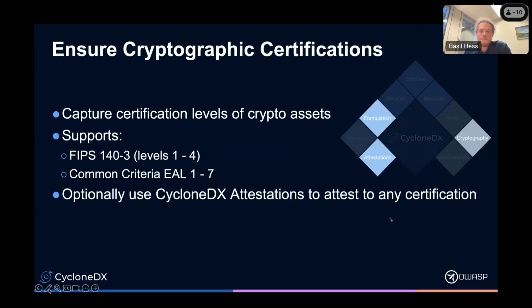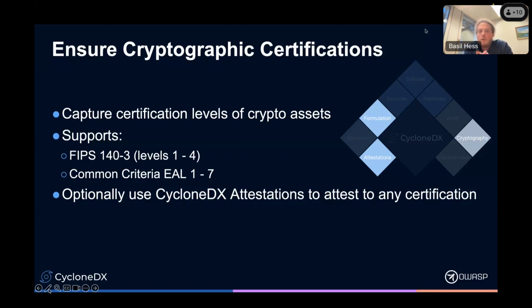And then last here is about cryptographic certifications. Cryptography can be implemented in software, but it can also be implemented in hardware, and adhere to or be certified to a certain standard. For example, there is FIPS 140-3, which comes in levels 1 to 4, or there is Common Criteria with the assurance level 1 to 7.